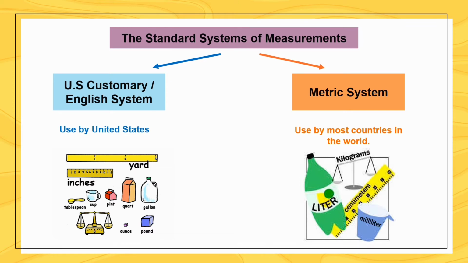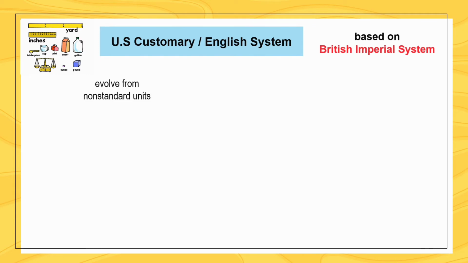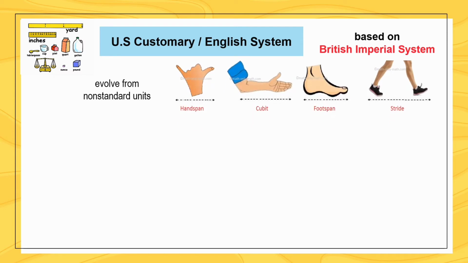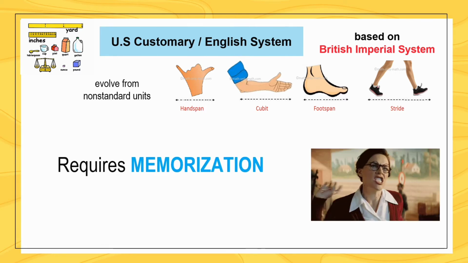The US customary or English system of measurement is based on the British imperial system. Its units evolved from non-standard units of measure in medieval times like the foot, yard, and inch. Since the customary system does not use a base unit and prefixes, it requires a lot of memorization and is not convenient to use.